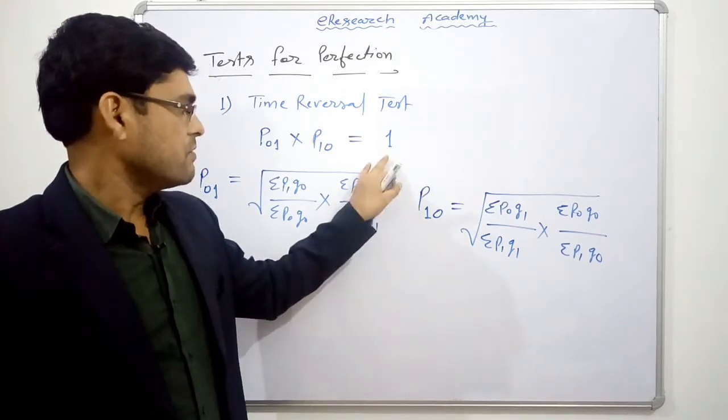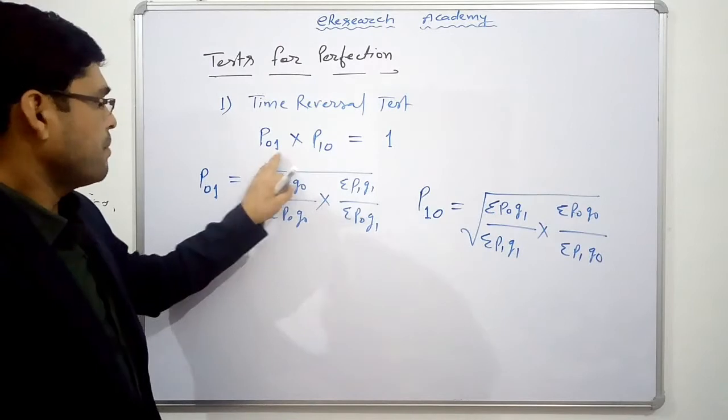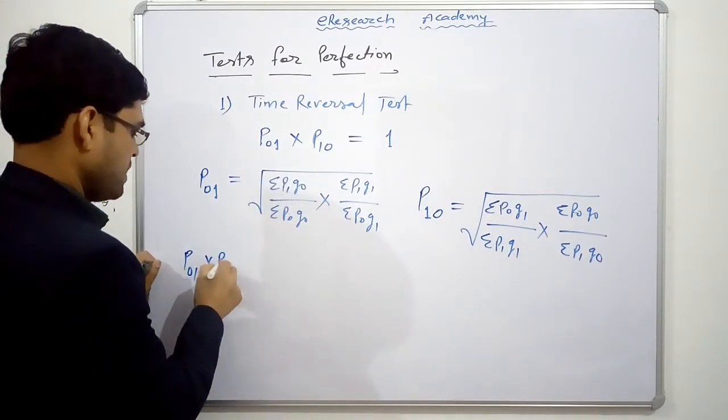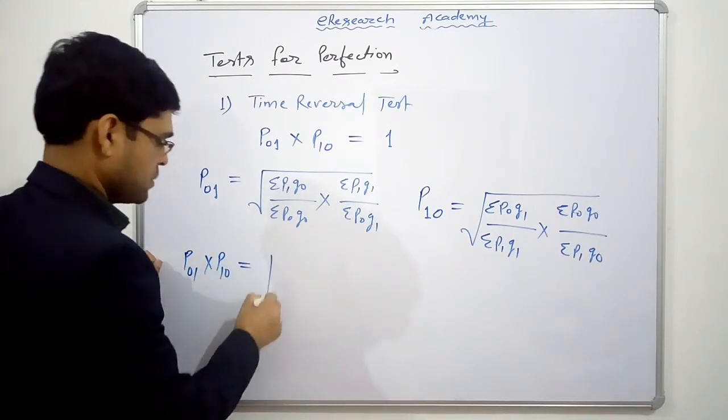So what Irving Fisher says is, if we multiply these two, P01 into P10, what does it give us?